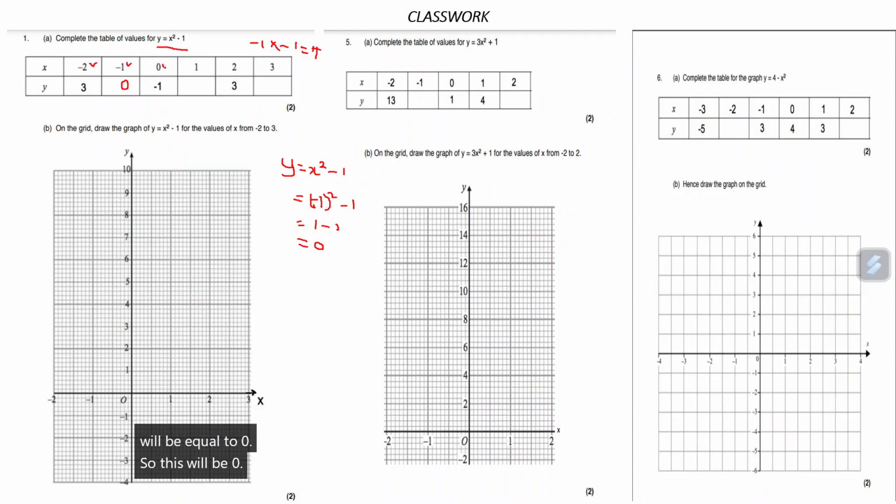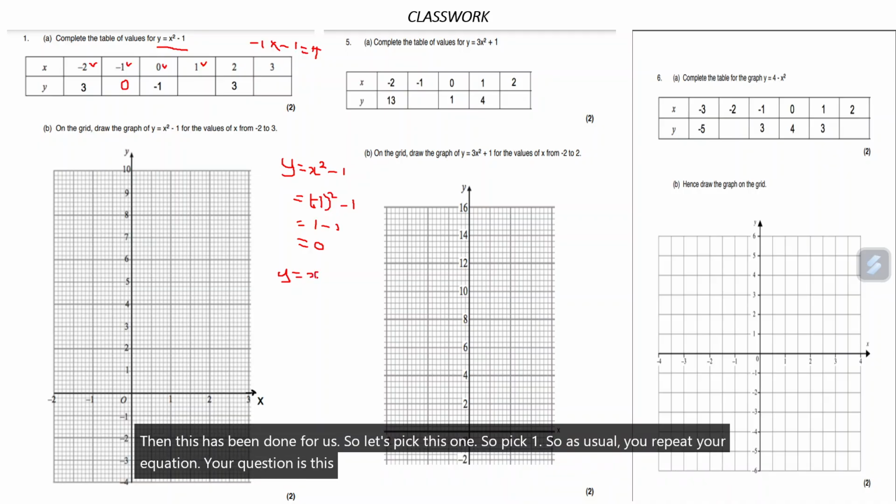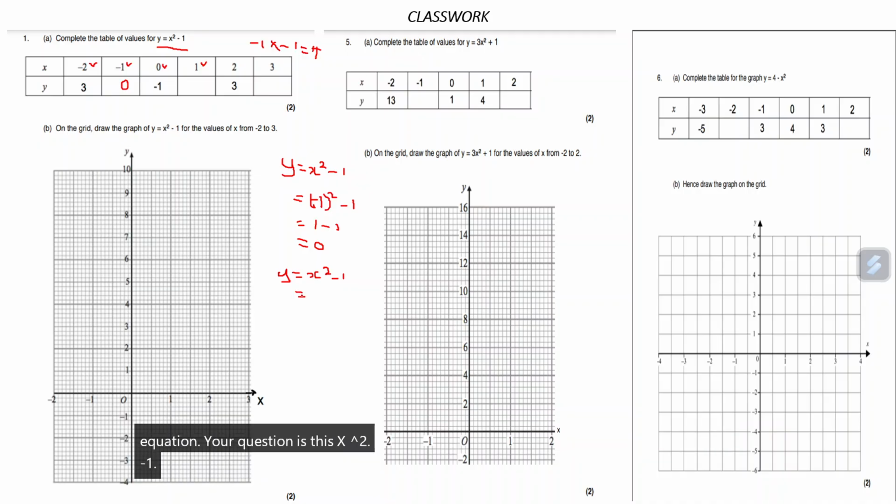Then this has been done for us, so let's pick this one. Pick 1. As usual, you repeat your equation. Your equation is x squared minus 1. So you replace x with 1.